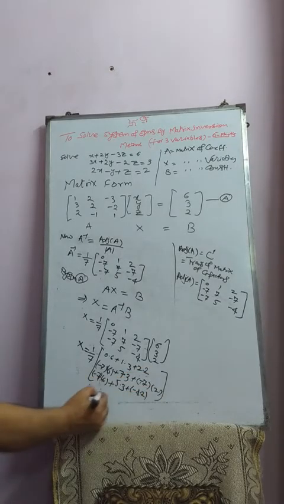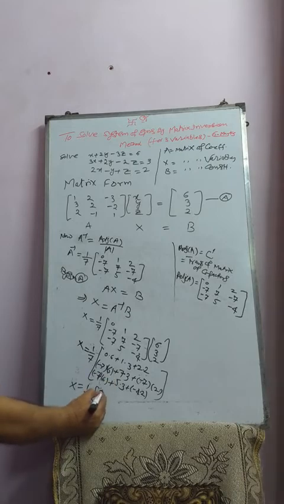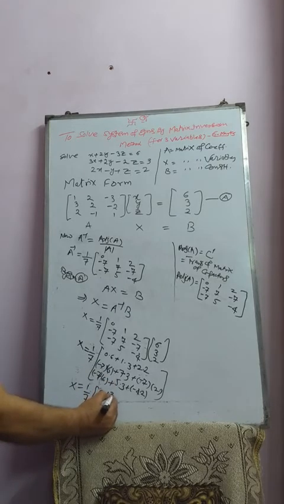Now we get x is equal to 1 upon 7 into 0 plus 3 plus 4.